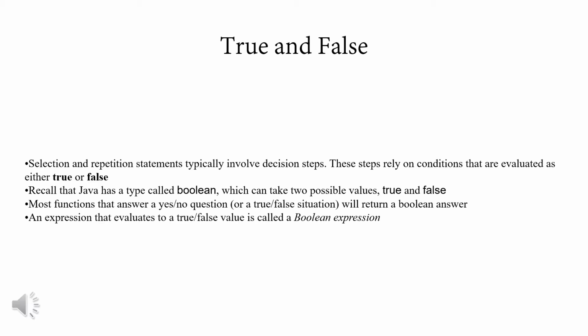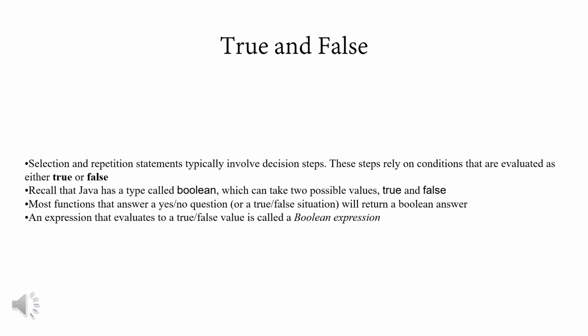In Java, we also have a special data type called Boolean, which can take two values, true or false. Also, we have some functions that can return a true or false answer, or a Boolean answer.